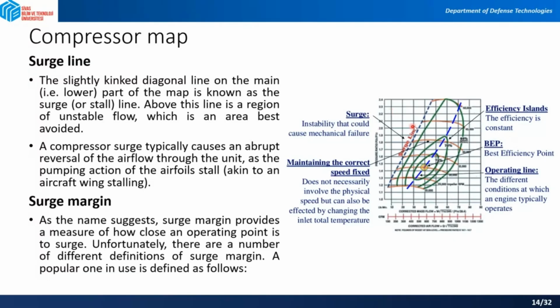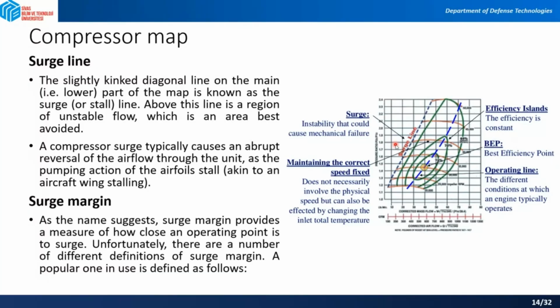And we said that above this line, an unstable flow region does exist, and we are always avoiding being in this region after surging of the compressor. A compressor surge typically causes an abrupt reversal of the airflow through the unit as the pumping action of the air follows the stall.